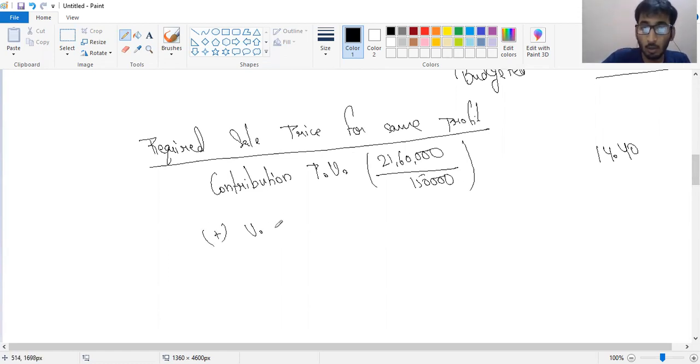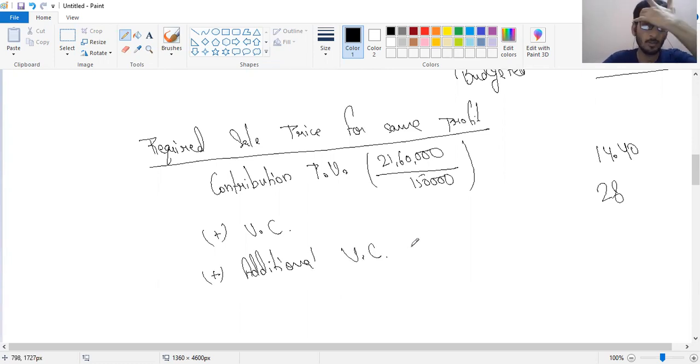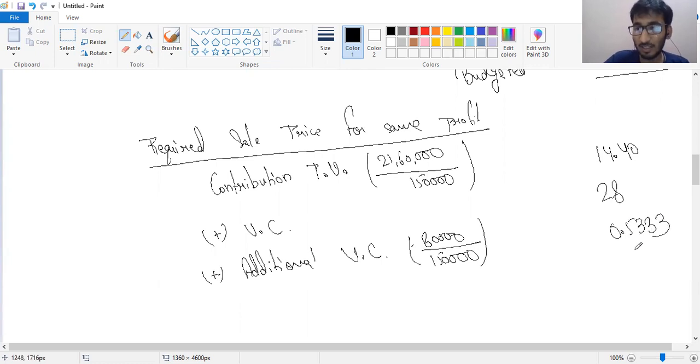The variable cost is 28, and there would be additional variable cost, which would be 80,000 divided by 1 lakh 50,000. It would be 0.5333. Since you see in the question, what is given about additional variable cost?